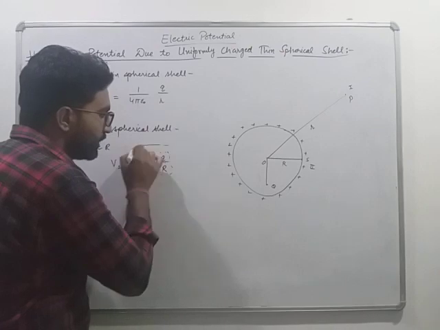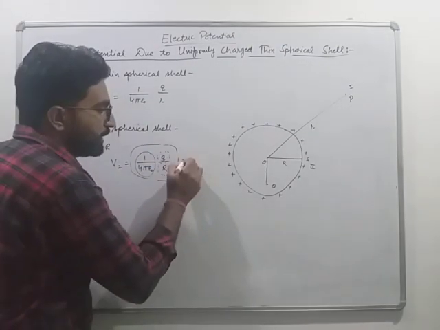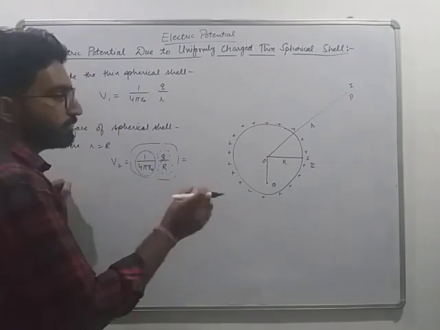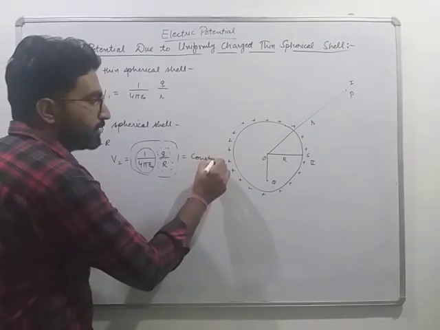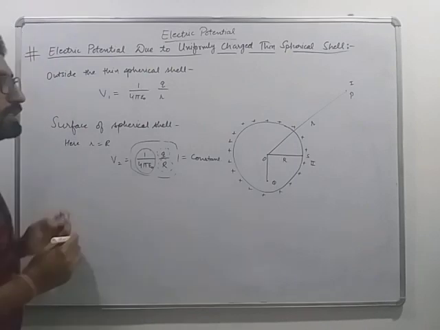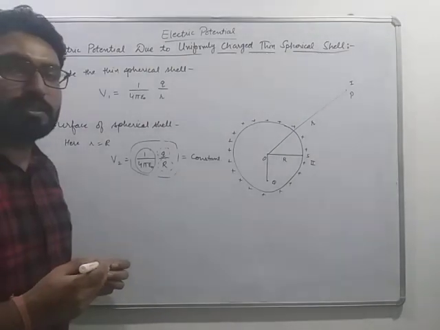So this whole term is a constant quantity. So at the surface of the thin spherical shell, the electric potential is constant.